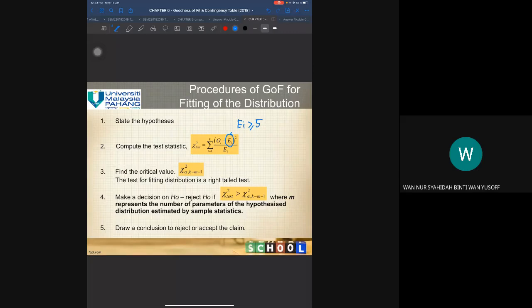So similar assumption as the categorical data, because both are about the goodness of fit test. For the critical value, the difference will be on the critical value here. So we still have the right tail table.